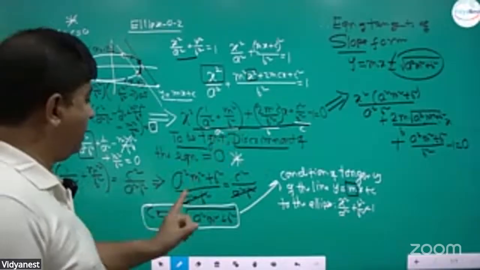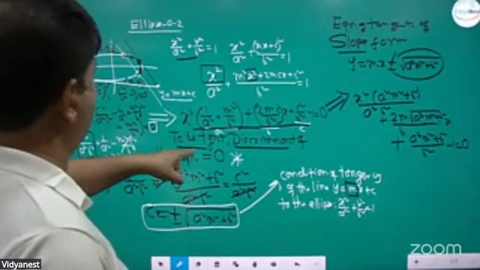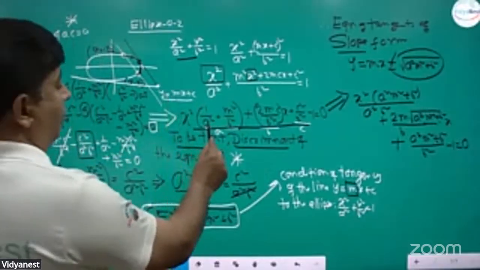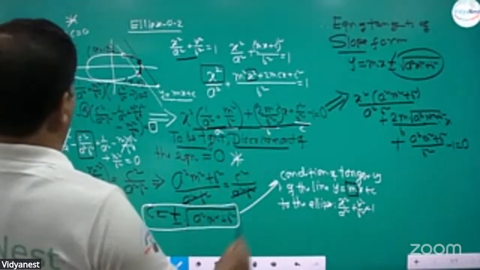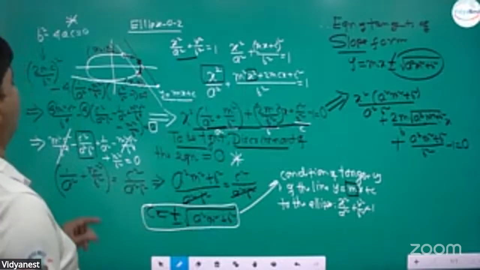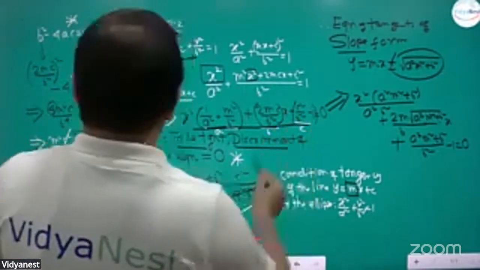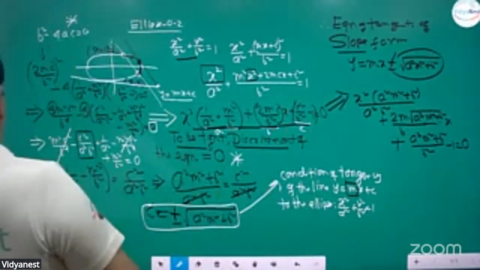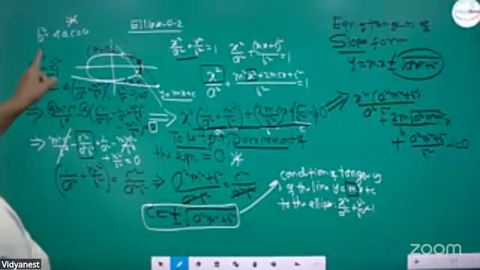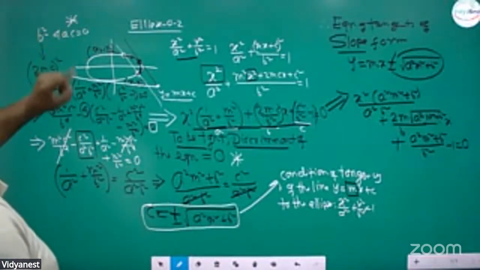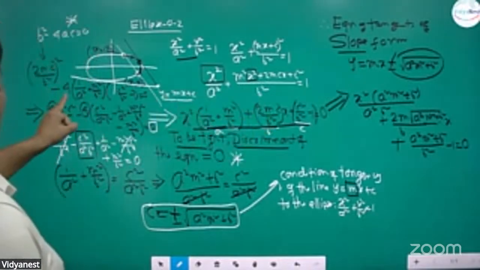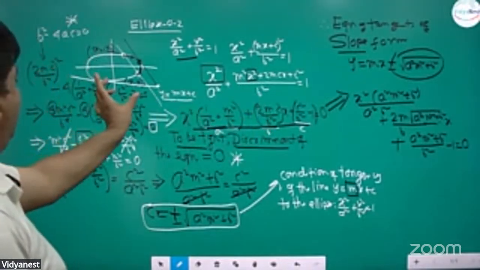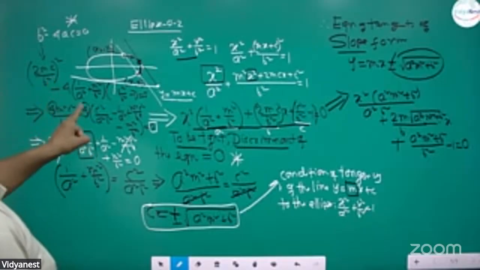Once you are able to make the discriminant 0, now you compare this thing as A, this thing as B, this thing as C. Now from this place to this place, notice the asterisk sign. Discriminant 0, b square minus 4ac. What is b? 2mc by b square, whole square, minus 4ac.